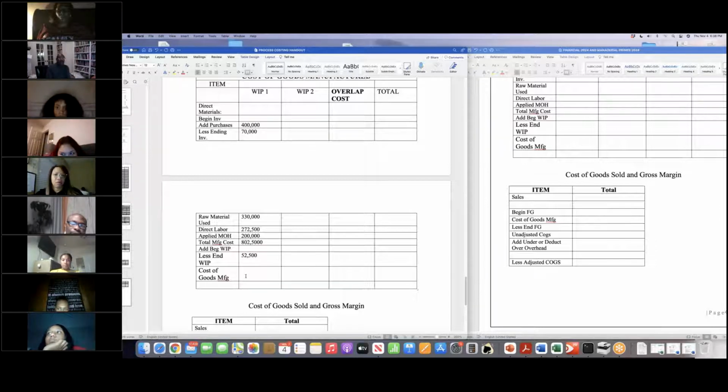And so cost of goods manufactured, work in process 1 was 750,000. Okay?